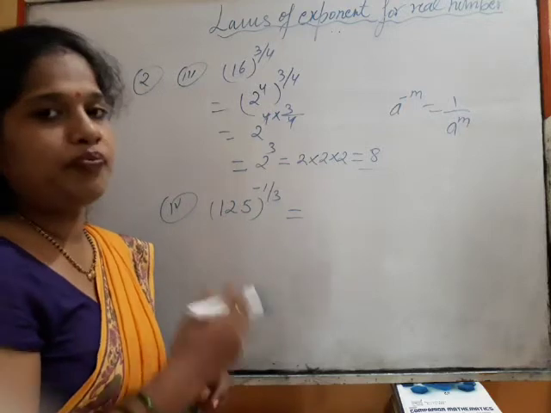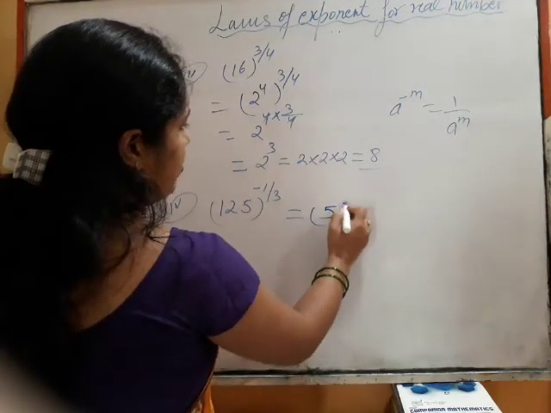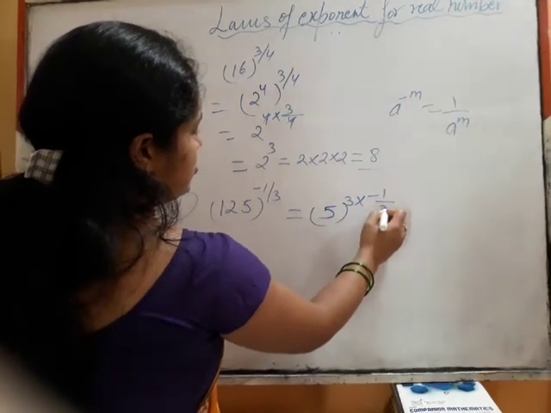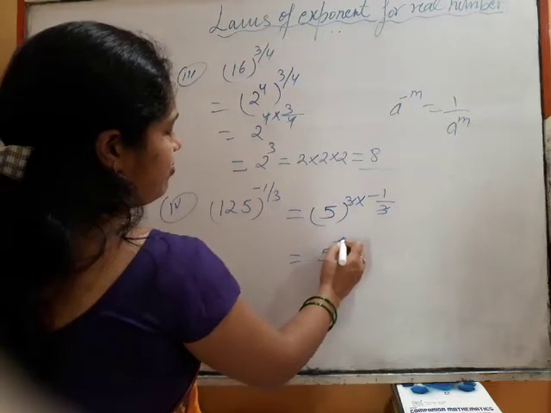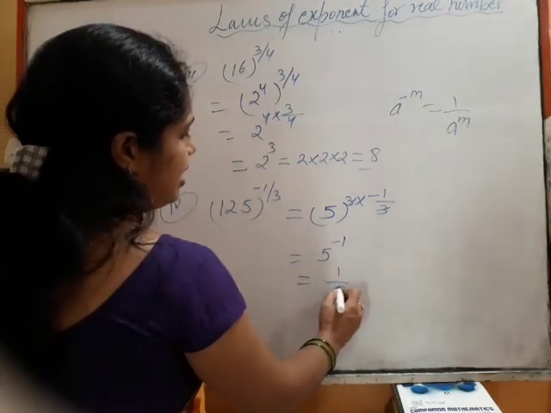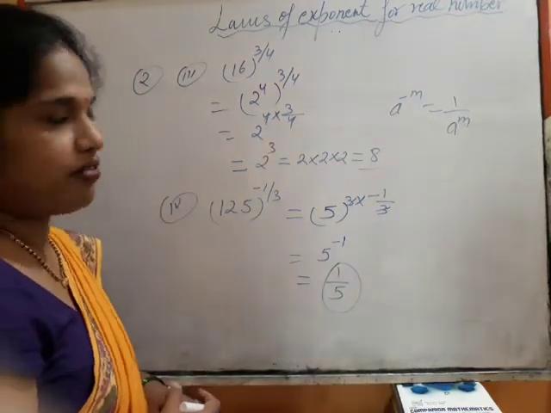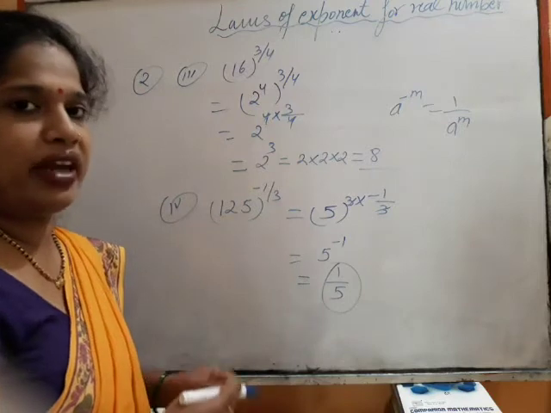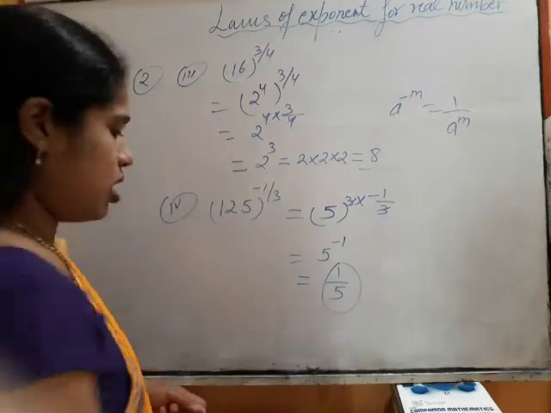What is that number? 5. Yes students, 5. So 5 raised to the power 3 into minus 1 upon 3. 3 will get cancelled. Now we have 5 raised to the power minus 1. To make it positive, we take its reciprocal. So our answer will be 1 upon 5. I hope you are getting this. Very simple. We are just applying the law of exponents to our questions.